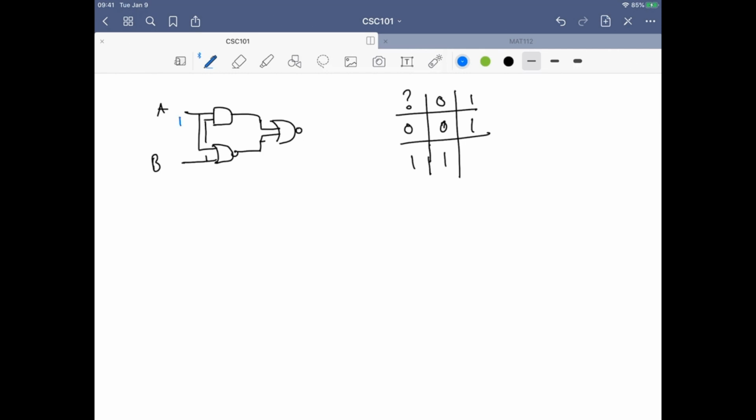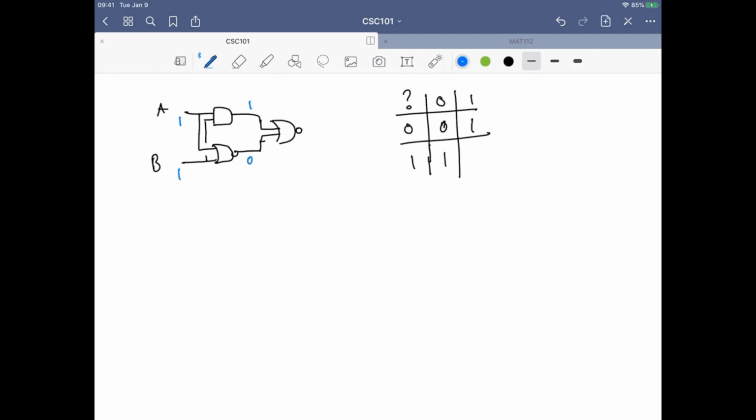Okay, so if I have 1 and 1, what's coming out of the AND gate? A 1. What's coming out of an OR gate if it's 1 and 1? Okay, a regular OR gate would be a 1, but this is a NOR gate, so what actually comes out of it? 0, okay?